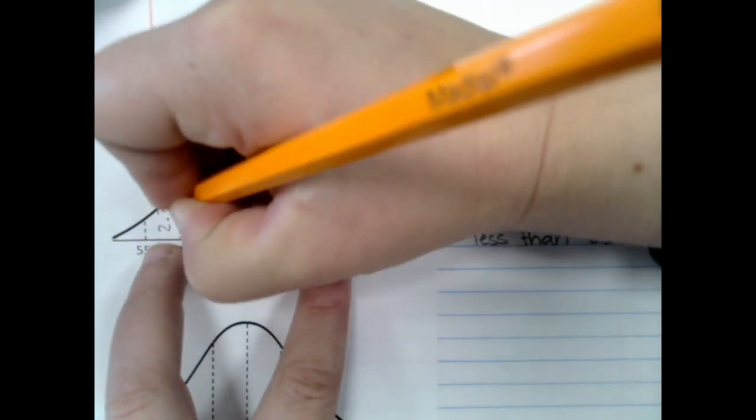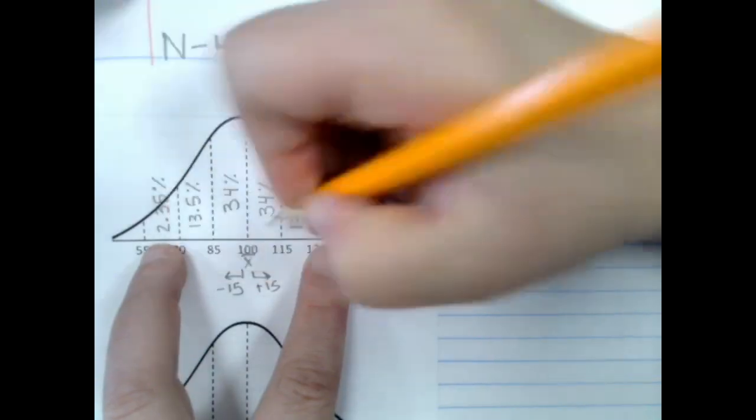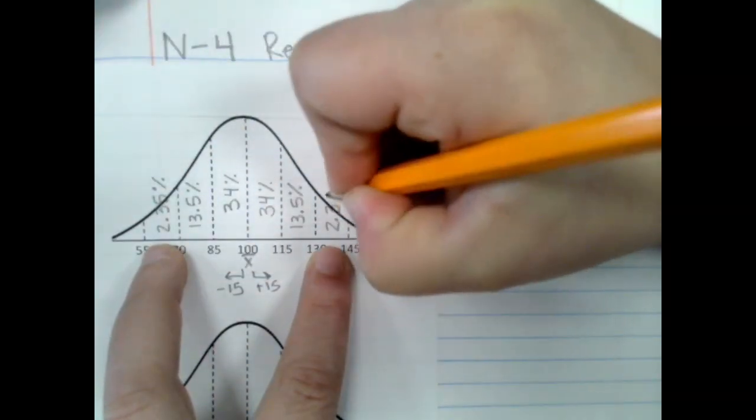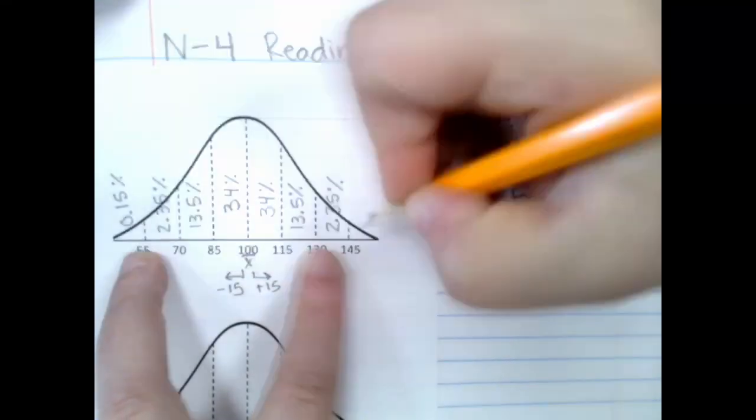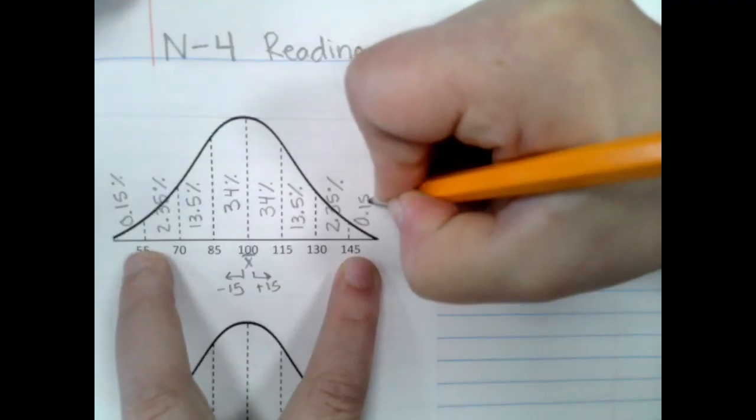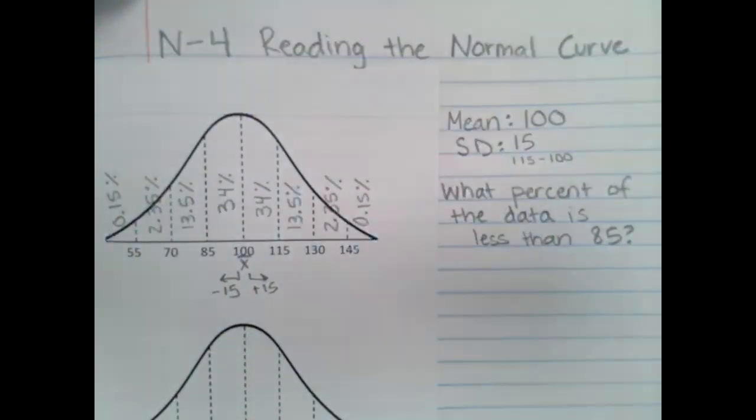So this is 2.35, 2.35, and then in our last ones was just 0.15. I'm writing these sideways because I can't write small enough to write them normal. Okay, I'm going to turn this sideways just so you can read them a little bit better.